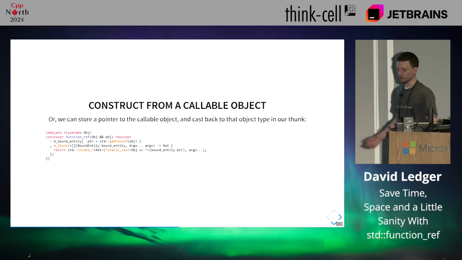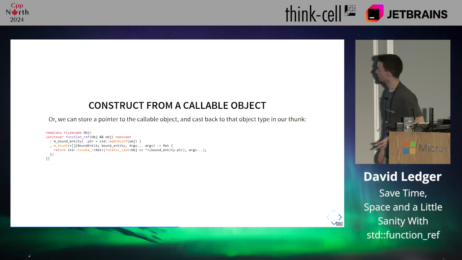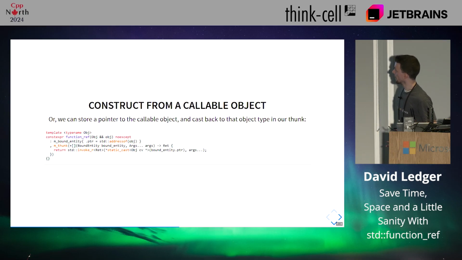So you can construct from a callable object. In this case, we're just going to store a pointer to our object. In this constructor, we know the type of our original object, so we can perform some type erasure. So we've got a pointer to our object. It was stored as a void pointer. Our func can cast back to the original type in the constructor as we know what that is.